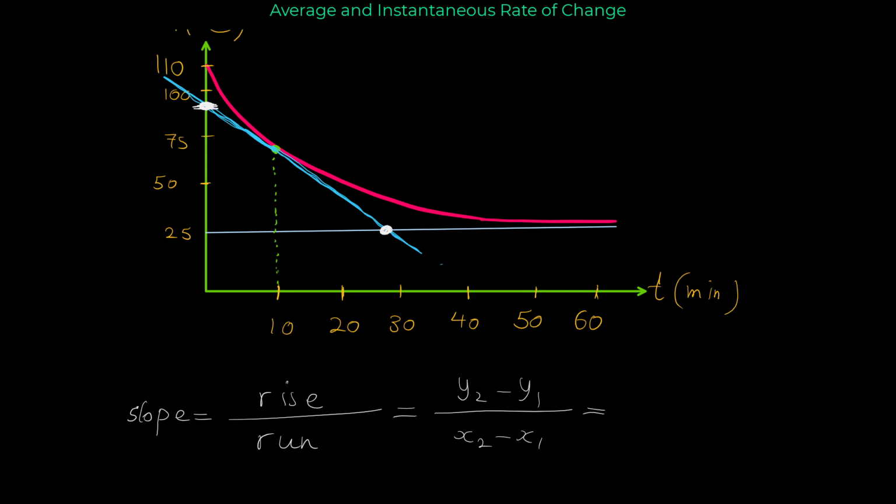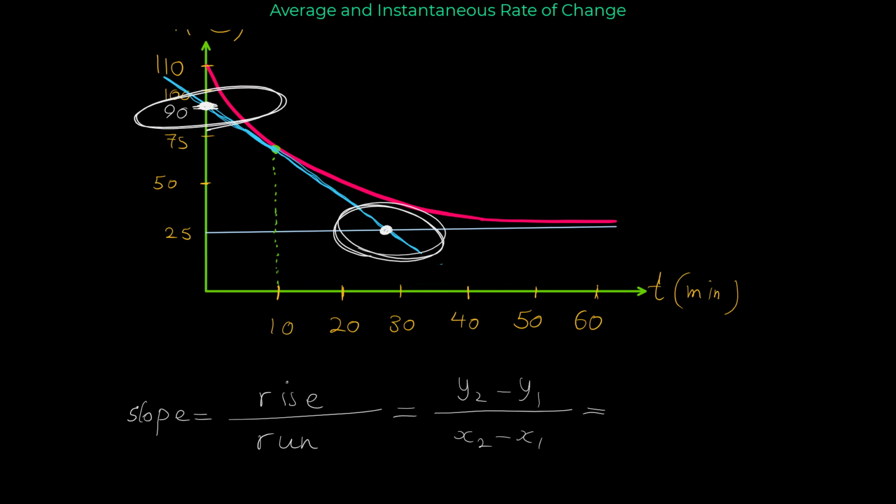Here it seems to be something like 90 degrees, and for this point here is 25 clearly. So y2 minus y1 would be 25 minus 90. I consider this point here my first point and this as the second point.